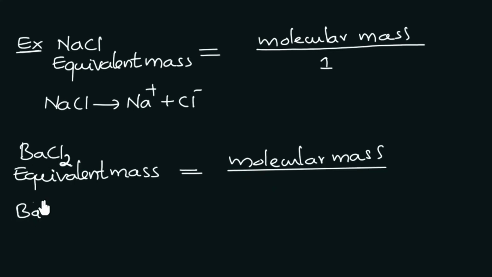On the barium we can write plus 2 charge, and there is Cl minus 1, but there are two Cls. Either you can write plus 2 or minus 2, both the negative or positive charge you can use, but the total positive charge in the molecule is plus 2, total negative charge in the molecule is 2, therefore we get here divided by 2.